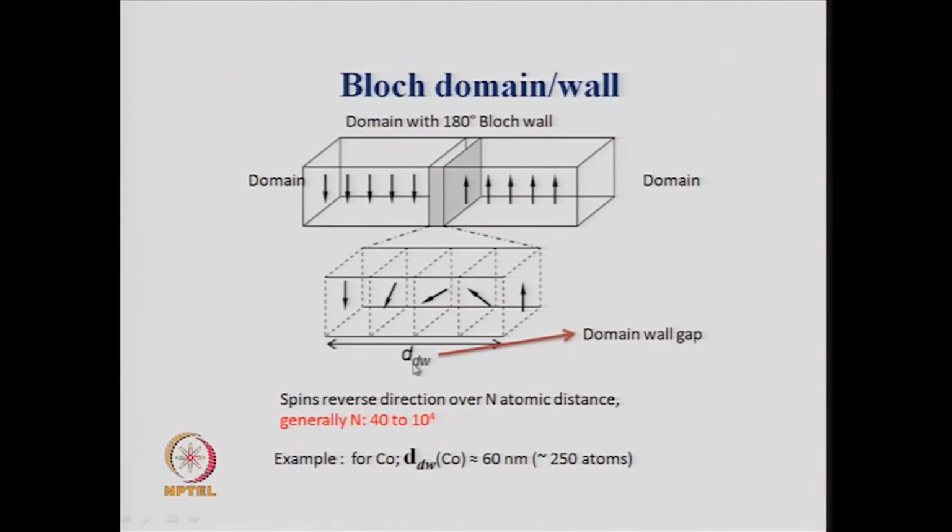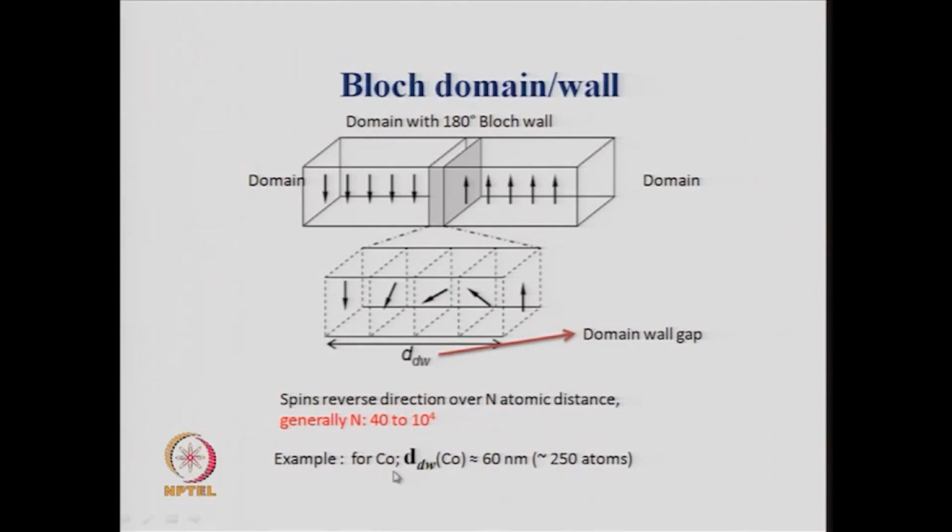So, this dW is the thickness of the domain wall or the domain wall gap, if you may say, and generally this distance can be something like 40 angstroms to 10,000 angstroms.